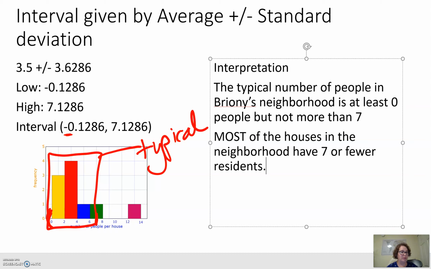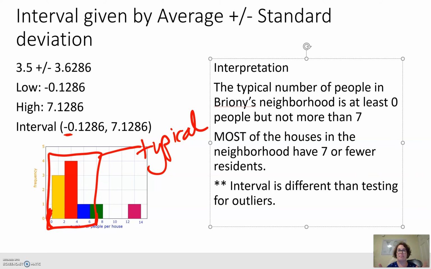Now there is only one last point. This interval, the low end and the high end of the interval, is not the same as the test for outliers. So let's make sure we say that this interval is different than testing for outliers. And let's prove that mathematically.